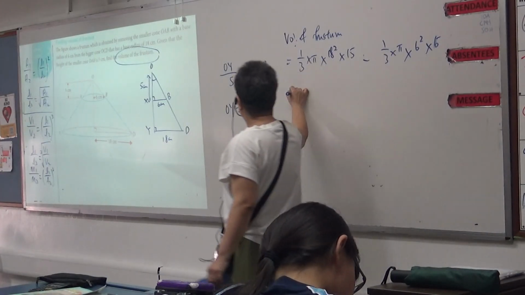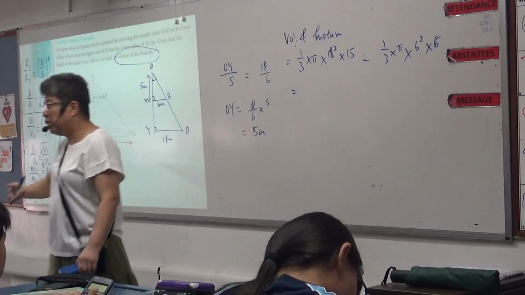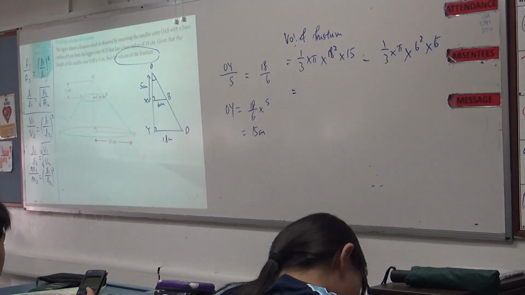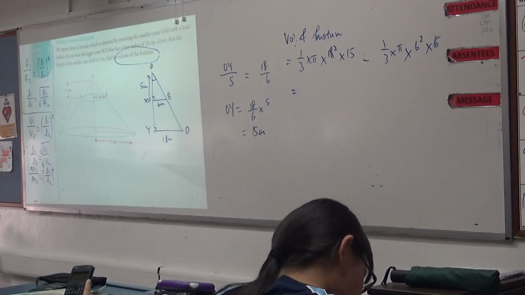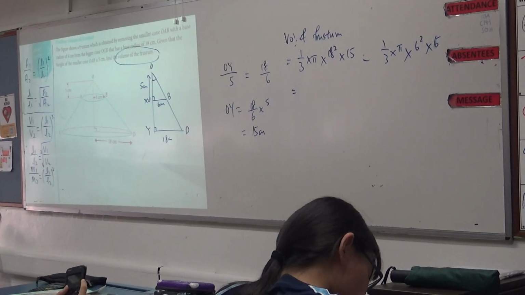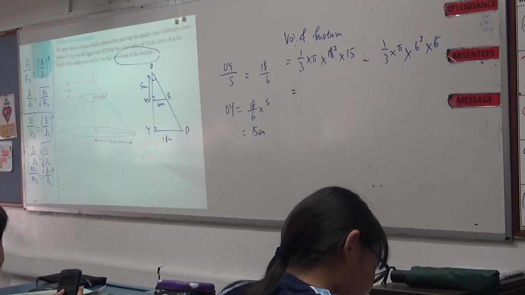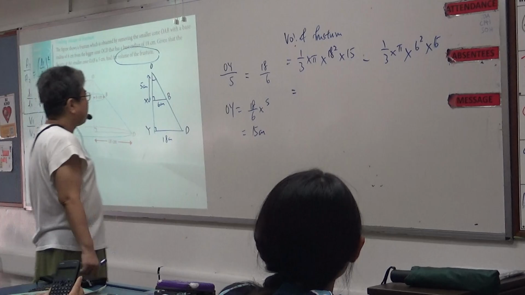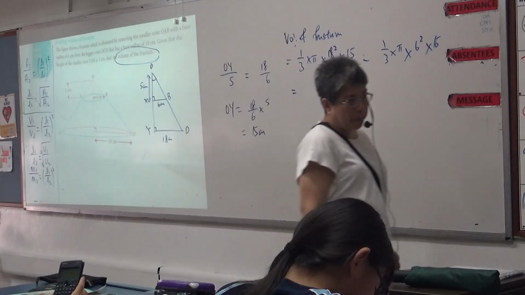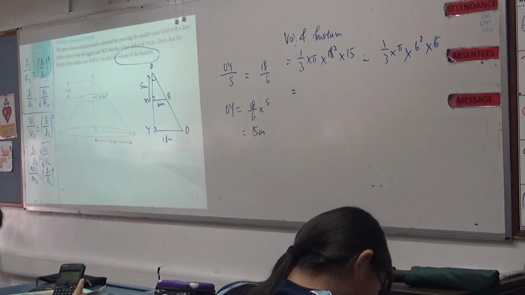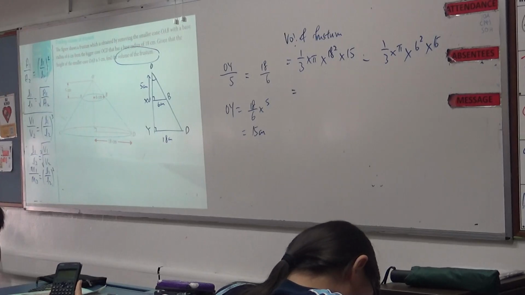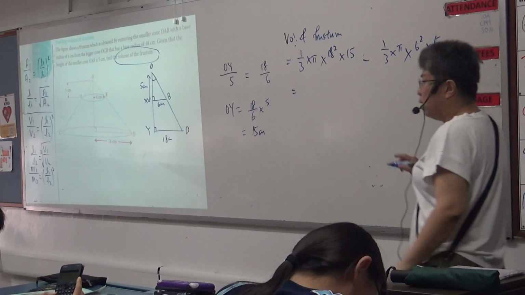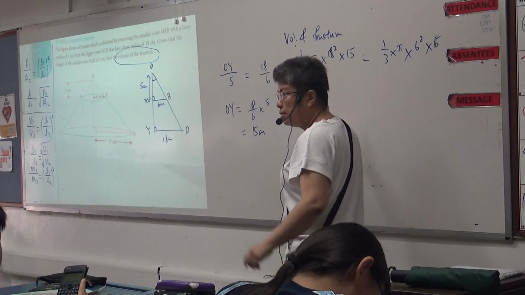Now, all of you keep this and give it to 3 decimal places first. I want it to 3 decimal places.